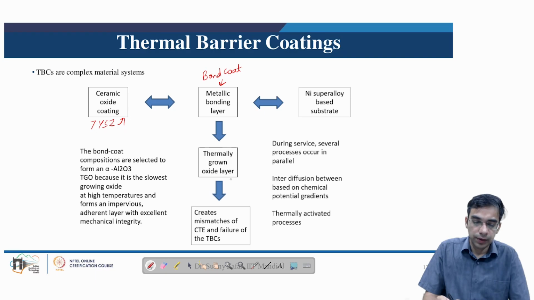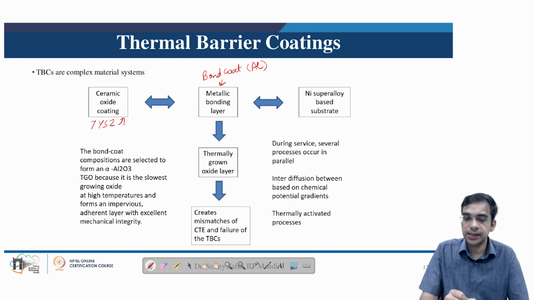So in the bond coat, what happens during service is interdiffusion of the elements, not only from the superalloy to the bond coat, but also from the bond coat to the ceramic oxide coating. This interdiffusion of elements takes place because of the concentration gradient, and because of it the aluminium, which is a predominant element present in the bond coat, converts into alpha aluminium oxide. Aluminium is very prone to oxidation, which is why it converts into aluminium oxide.